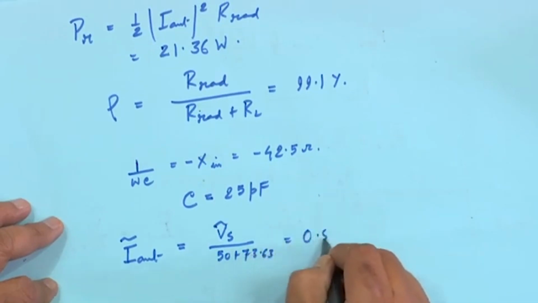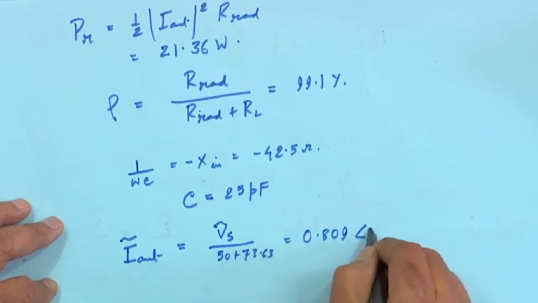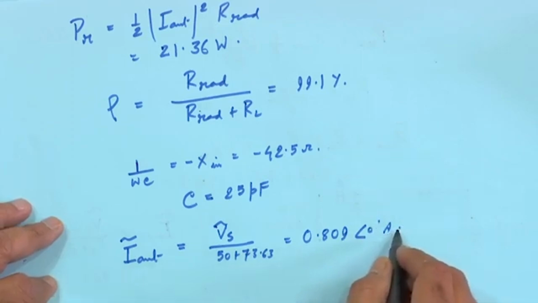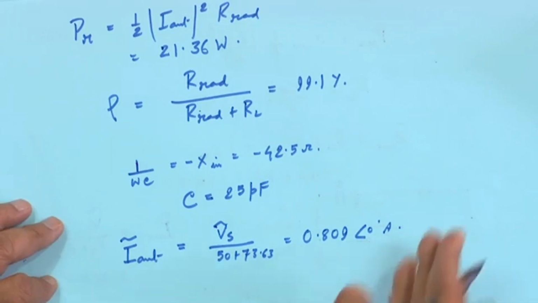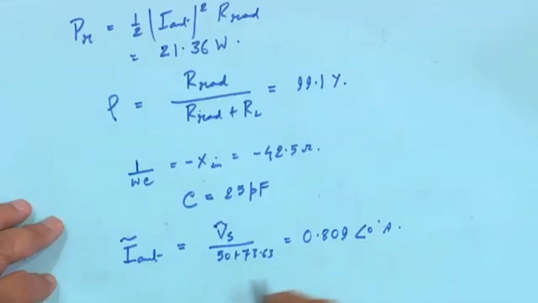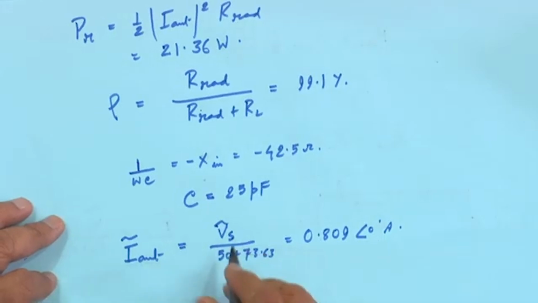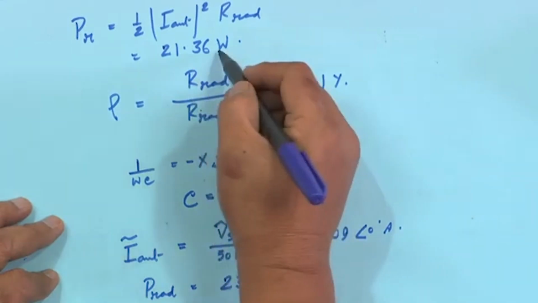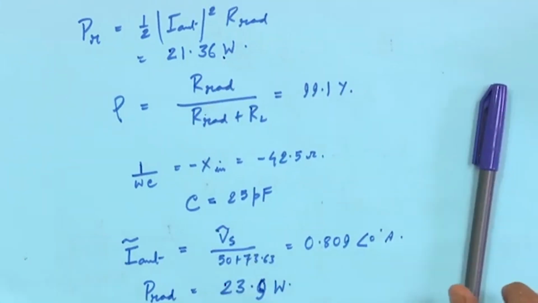So, it will be 0.809, and you see here I antenna is having no phase angle, it is because of the introduction of C, it is now in phase with the voltage, and P radiated power will also improve, 23.9 watt compared to 21.36 watt earlier.